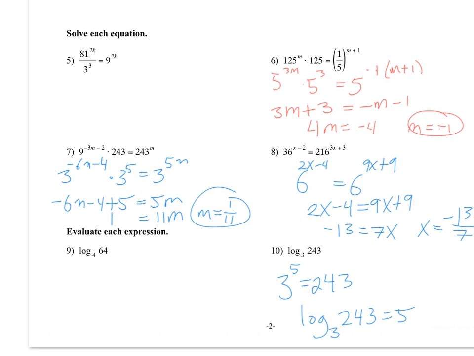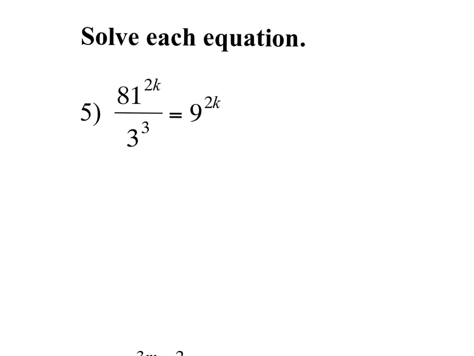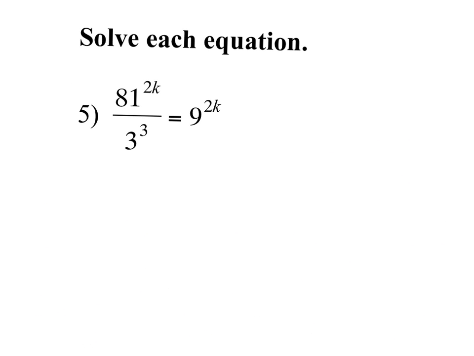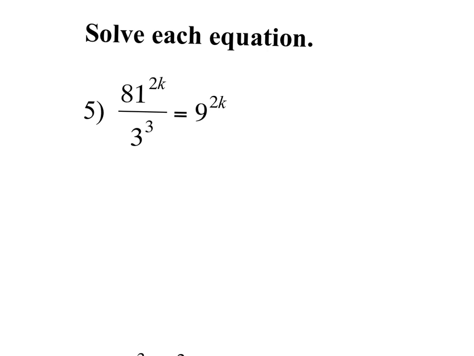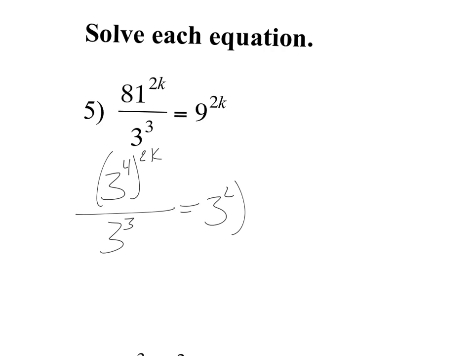Next, we're going to look at number 5, and for number 5, we've got an exponential equation. Our goal is going to be to make this all the same base. 81 becomes 3 to the 4th, and that's the 2k. 3 to the 3rd is all set, and we get 3 squared to the 2k.